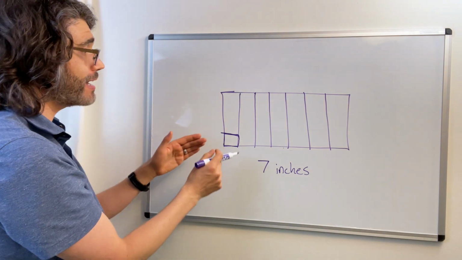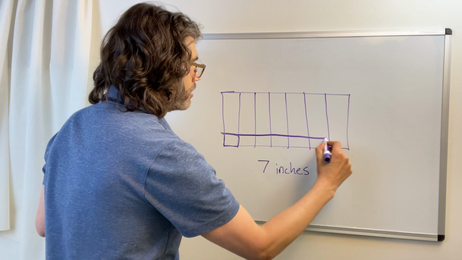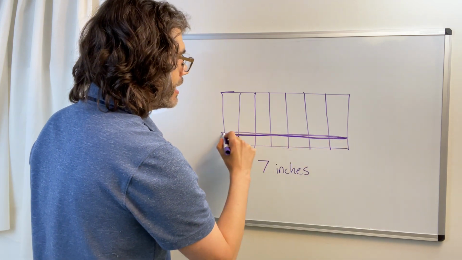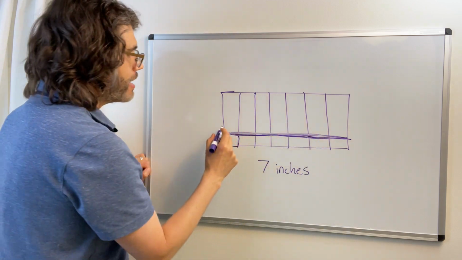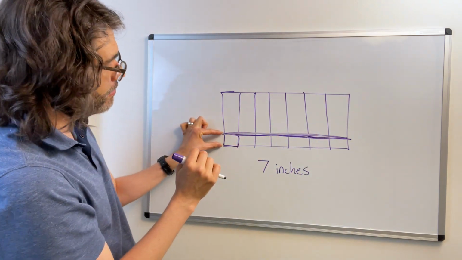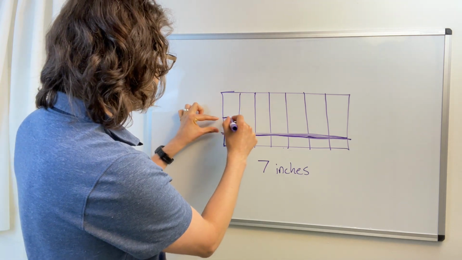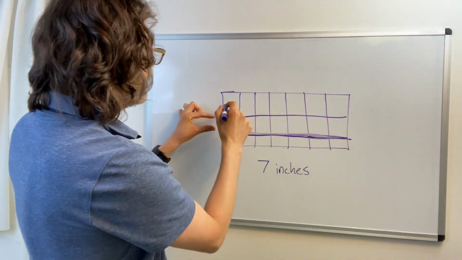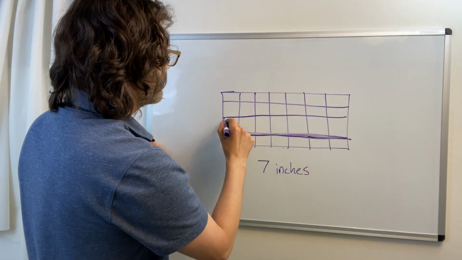So I'm gonna do that across the entire row here as best as I can. And then I'm going to literally inch up the whole way. So I'll do another inch here, and then another inch right here, okay?